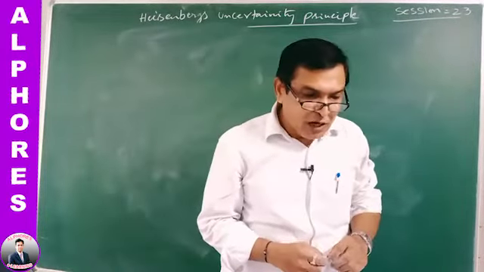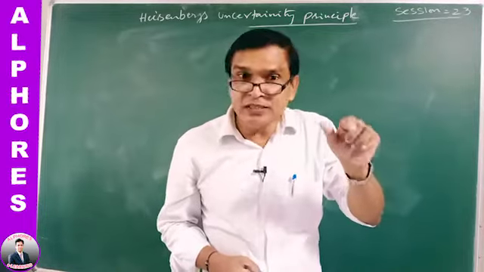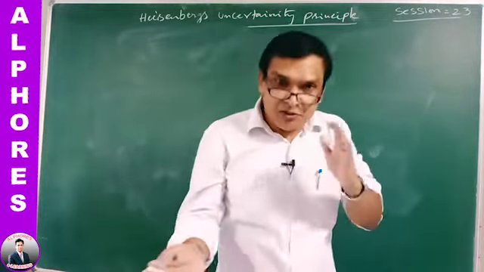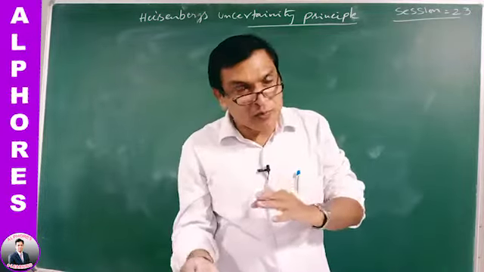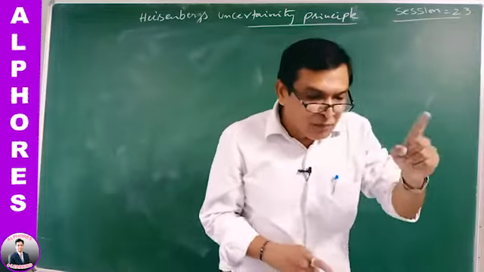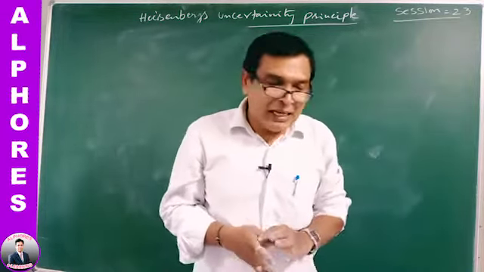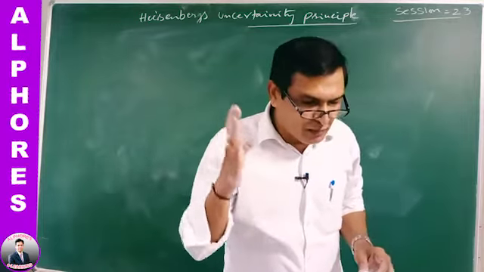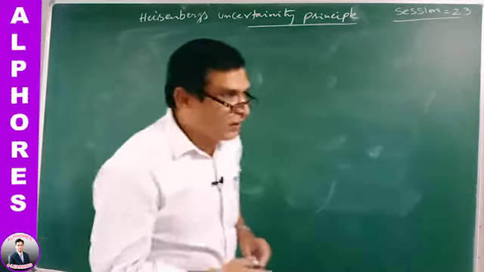Calculate the product of uncertainties of displacement and velocity. Displacement means change in position and velocity means change in velocity. The product of these two we have to calculate, of a moving electron of mass 9.1 into 10 to the power minus 28 grams. Planck's constant value is also given.